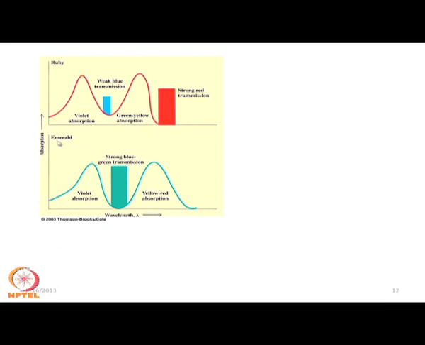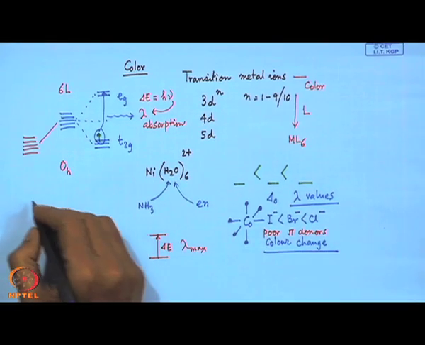Emerald is also the doping of some metal ion within some other solid matrix which is colorless, because alumina, Al2O3, is colorless. When it is doped with chromium, it gives rise to color, because we are putting chromium in an environment of oxygen.